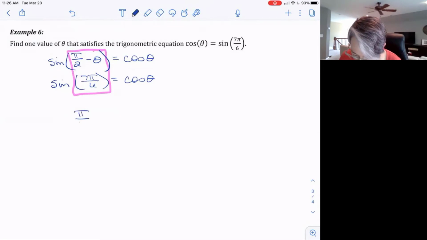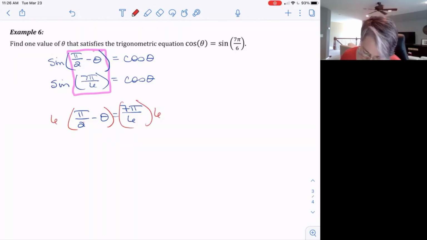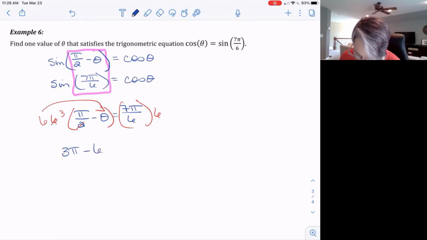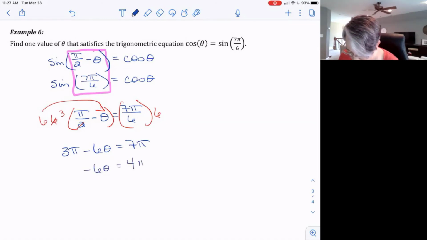So we would have pi over 2 minus theta equals 7 pi over 6. We can multiply both sides by 6 to get rid of the fraction. So 2 goes into 6 3 times, but that 6 is still going into that theta. This gives us 3 pi minus 6 theta equals 7 pi. Subtract 3 pi from both sides, and that gives us 4 pi. Divide both sides by -6, and we get theta equals -2 pi over 3.